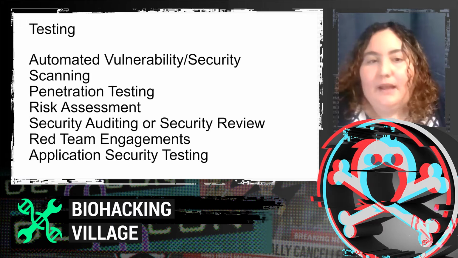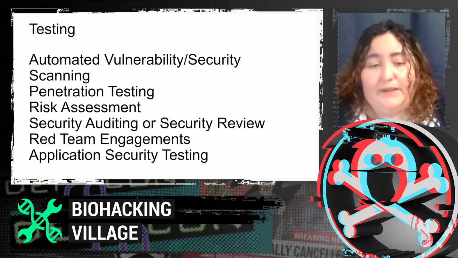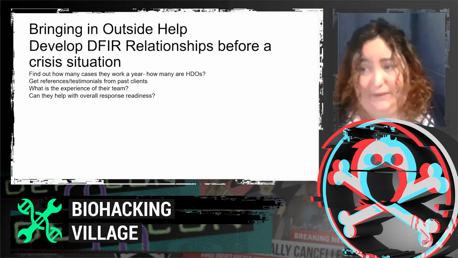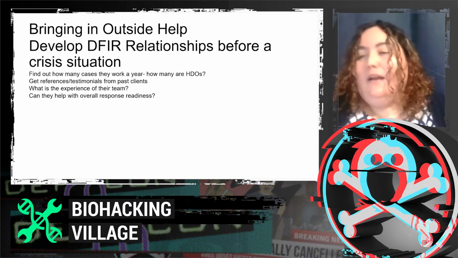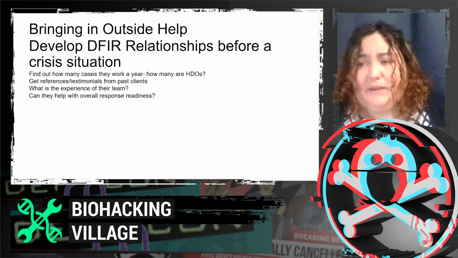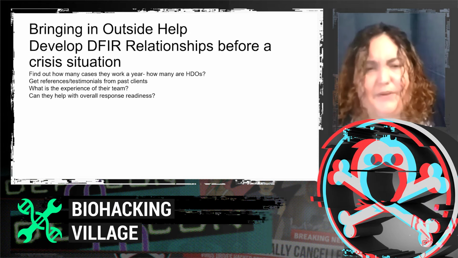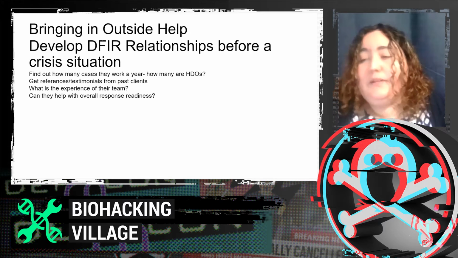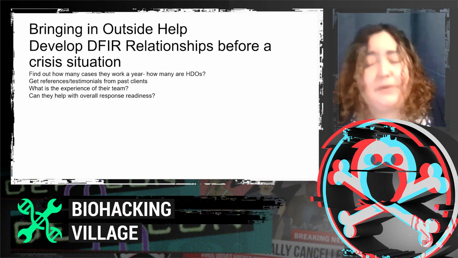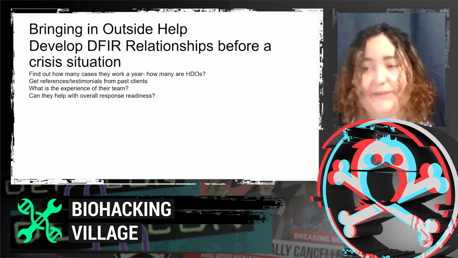There are times when you're going to want to bring in outside help. Especially if you're going to have an outside digital forensics incident response team, you want to develop this relationship long before a crisis situation happens.